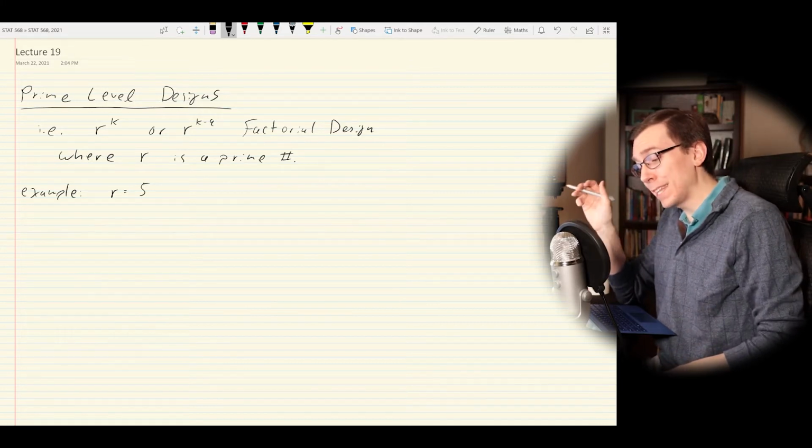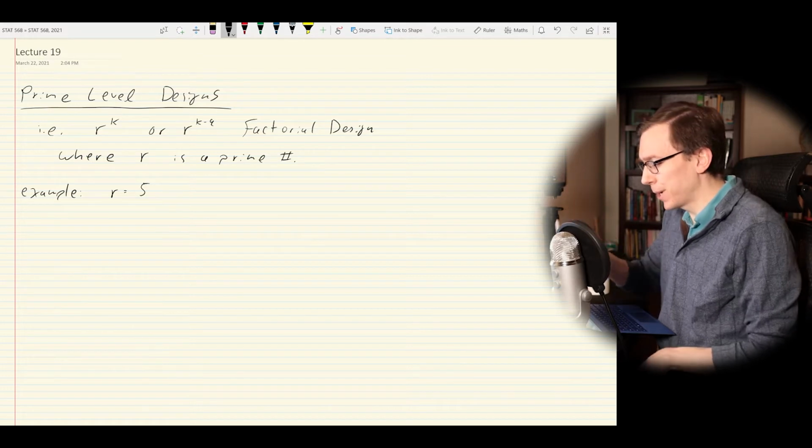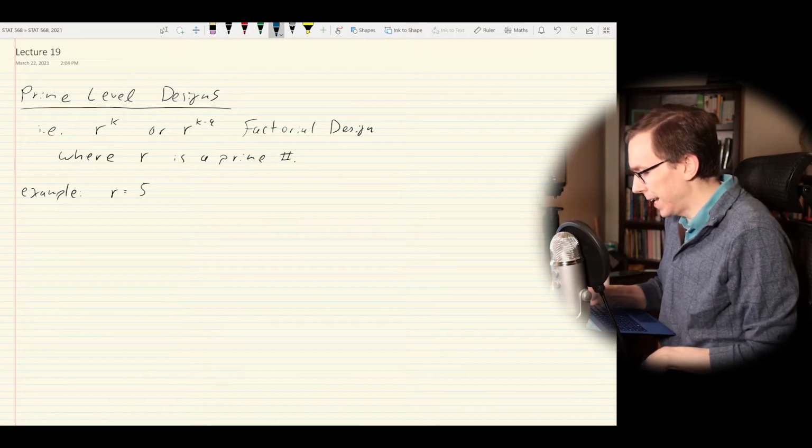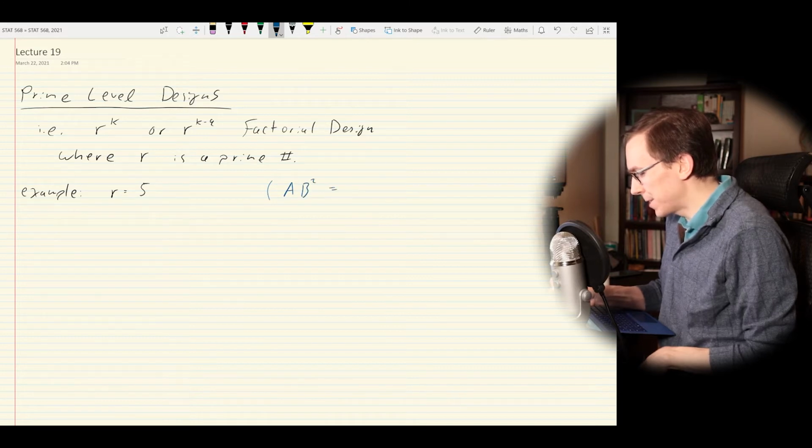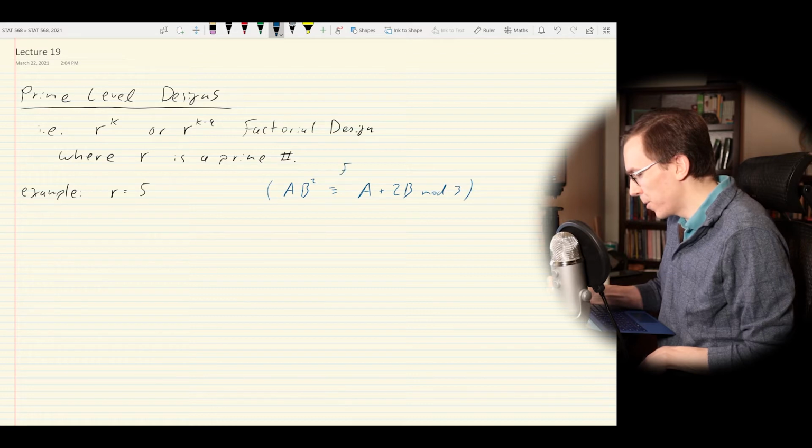When we got to 3 levels, we had that shorthand, right? The shorthand notation for 3-level designs like AB² was effectively a shorthand that said we want to add A plus 2B mod 3. This is for 3 levels.